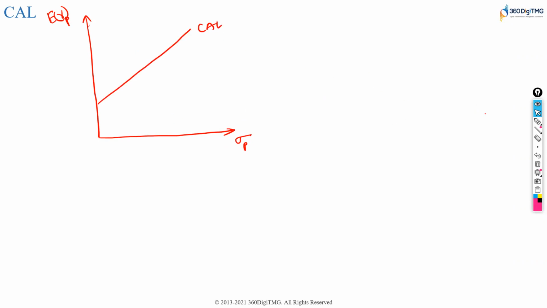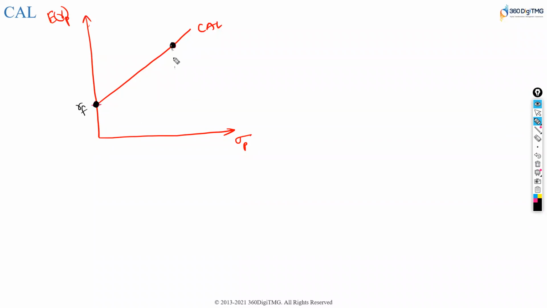This capital allocation line is going to have your risk-free and completely risky. We discussed this already. If you want to invest in a completely risk-free asset, say that has a return of 5%. It doesn't have any risk, 0, return is 5%.